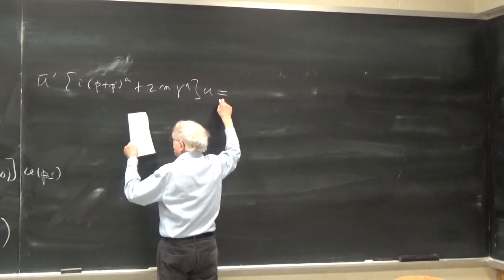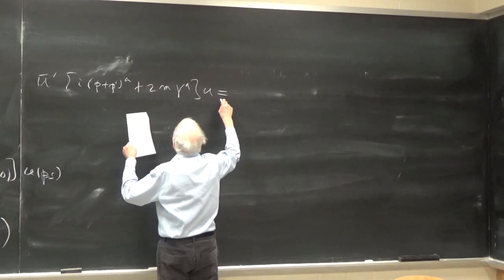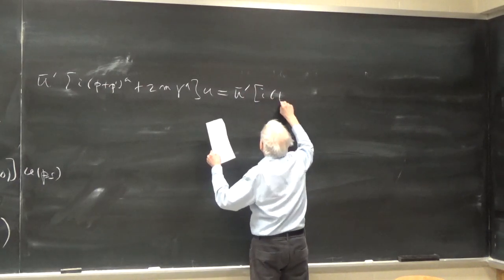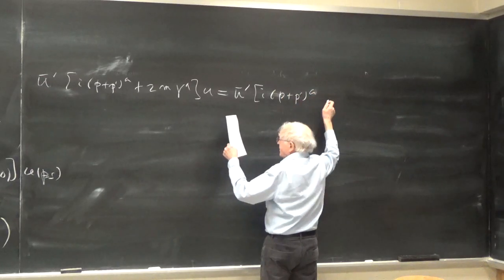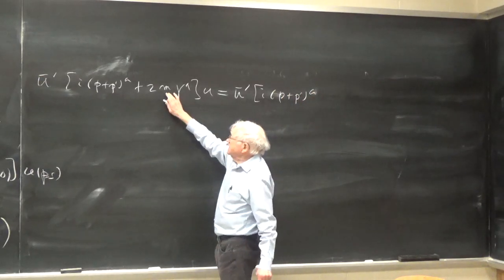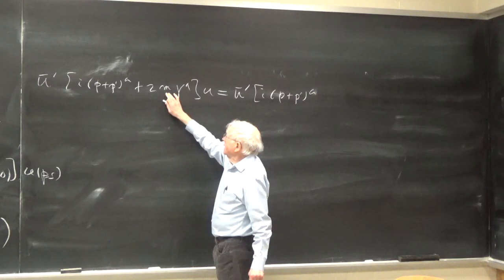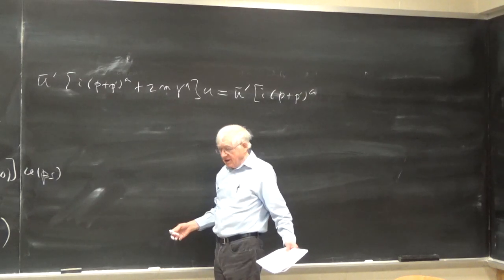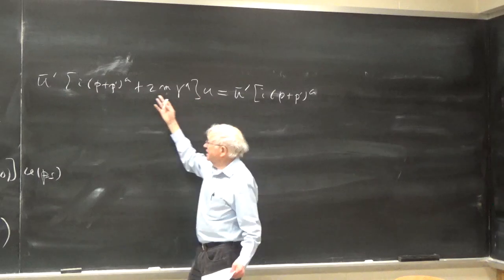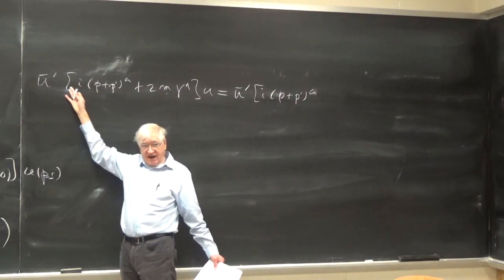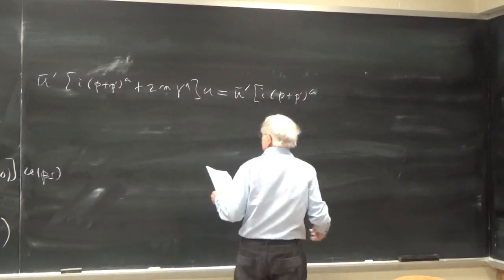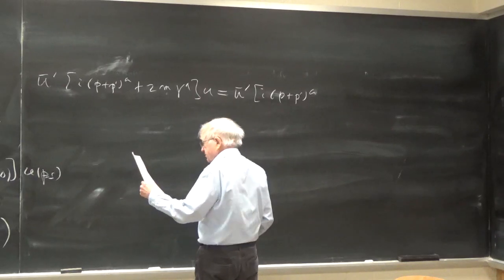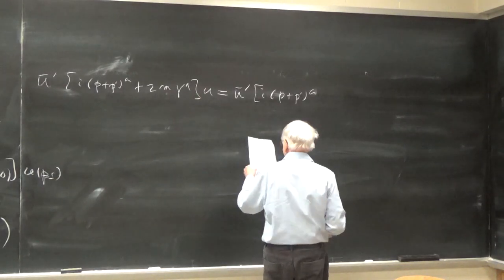We can write this as ū' i(P plus P′)^A. So I haven't changed that. But what I'm using is that 2m, or m, can be written as minus P-slash when acting on this, and as minus P′-slash when acting on that, using the Dirac equation, which is up there, and which I wrote down several times.